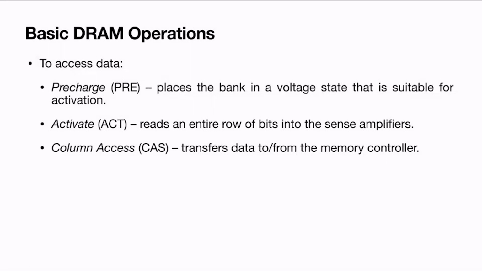Everything should be done with the sense amplifiers. Even if it is a write operation, first read it into a sense amplifier and perform the write in the sense amplifier. After that, you write it back to the DRAM array. So these are the three commands we have to give for accessing the data: PRE, ACT, and CAS.